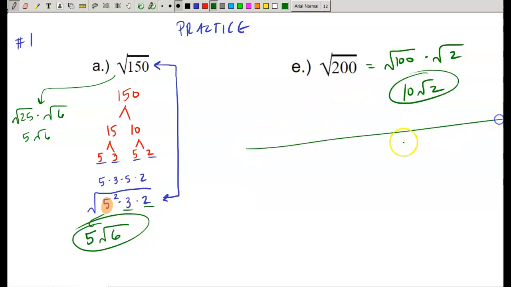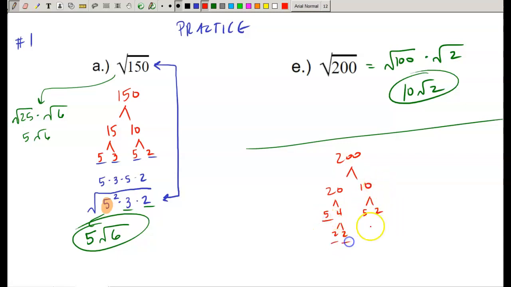Now if you did it the other way, not that you need to, but if you like doing it that way, because it's very predictable, it's very mechanical. With 200, if you start breaking that up, you can just say, all right, let's say we did 20 times 10, and then, this is going to take a little bit of time to get down to the bottom here. This is 5 times 2.